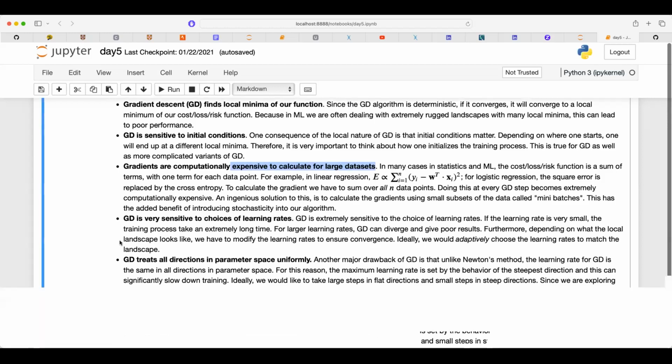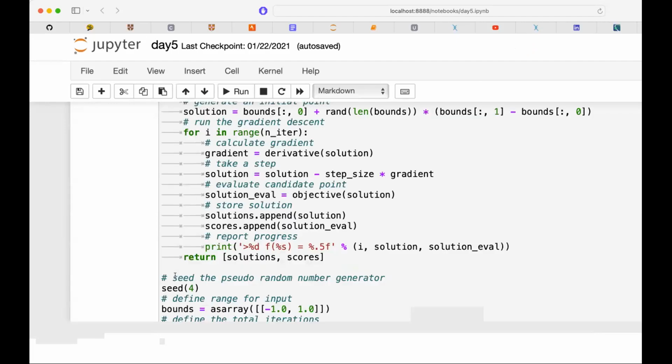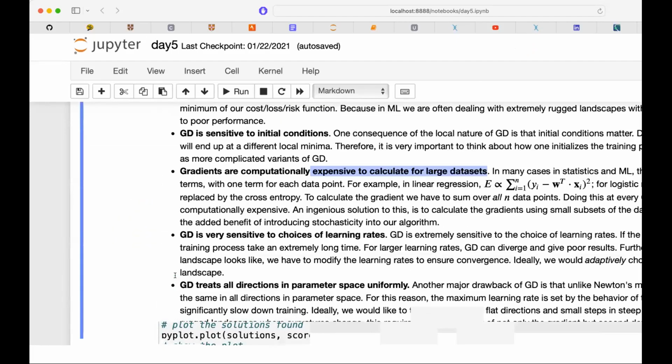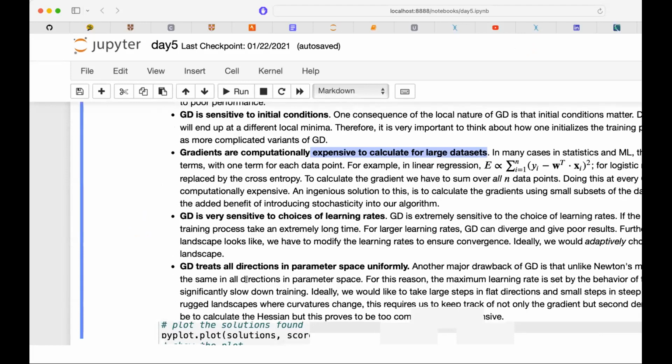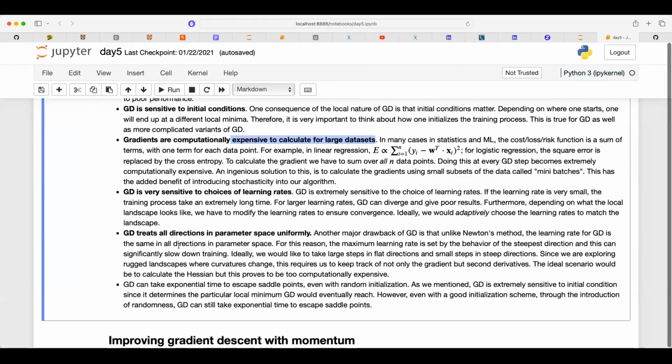Another thing which happens with these methods, since you use a constant learning rate with no knowledge about the gradients and the second derivative, it will have the same change in all spatial directions.